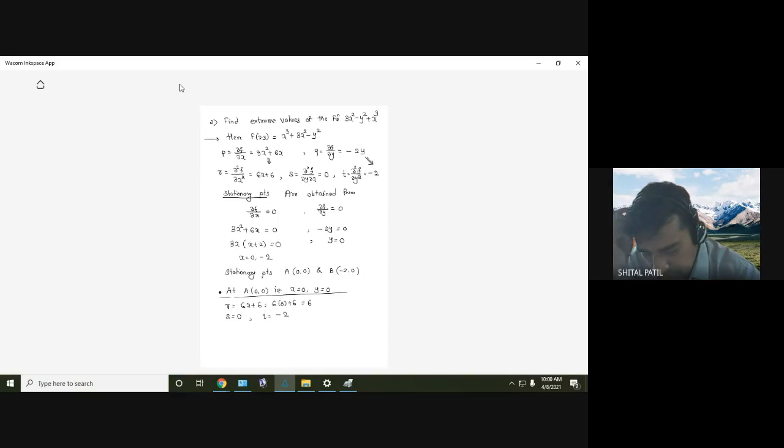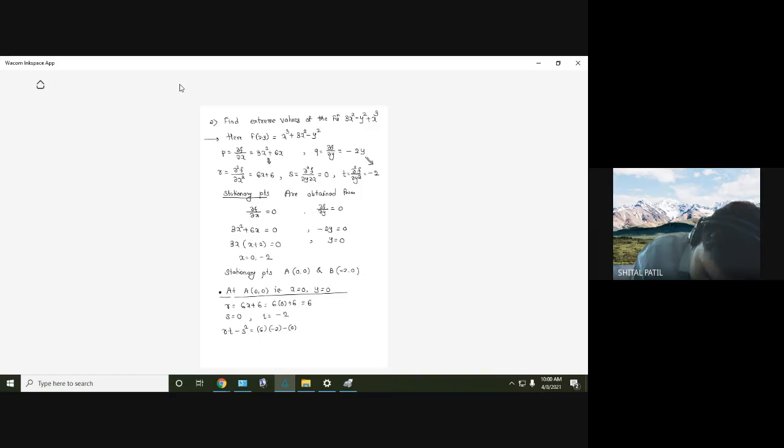So r is 6, s is 0, t is minus 2. r t minus s square less than 0.